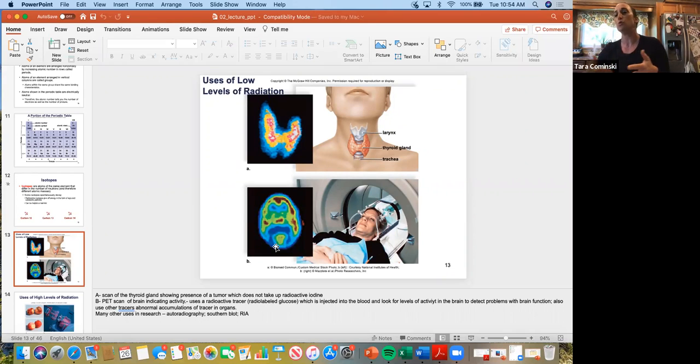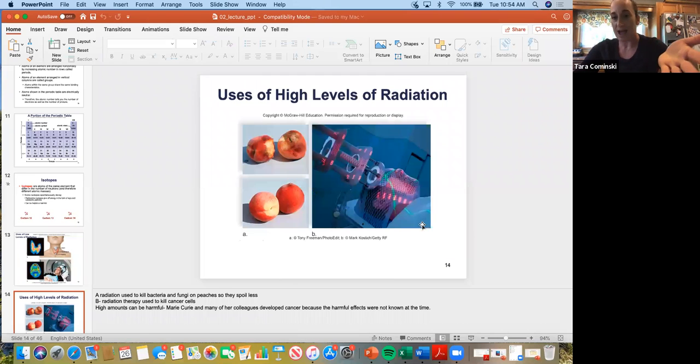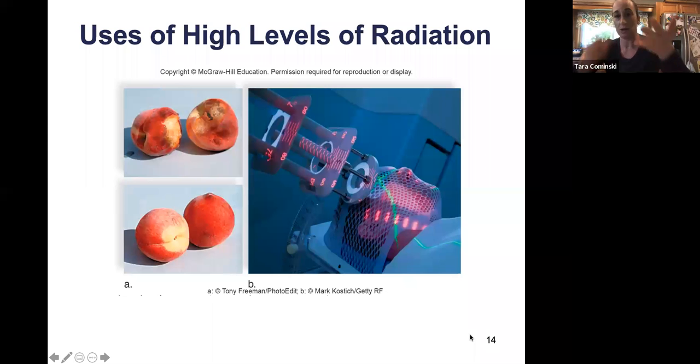If you exposed a patient to high levels of radiation everywhere, you're going to start killing off cells you need, because it kills any rapidly dividing cell. But you can focus that. This is showing an area focusing on a tumor in the brain, to destroy those cancer cells in that one focused area, and they use lasers to do that.